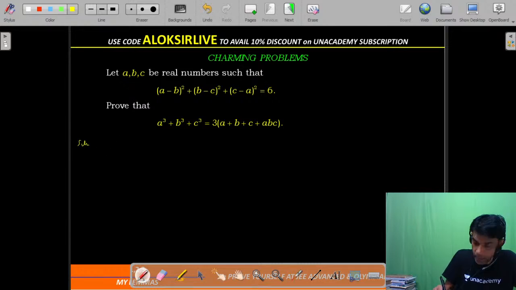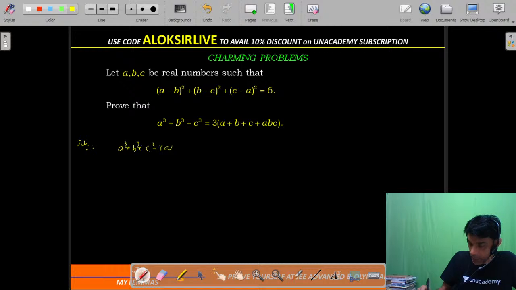This solution is a cubed. Let's check. So this is a cubed plus b cubed plus c cubed minus 3abc.